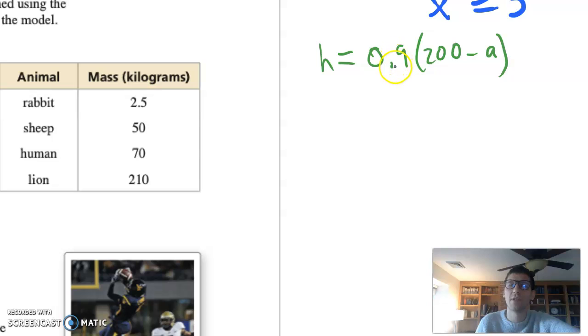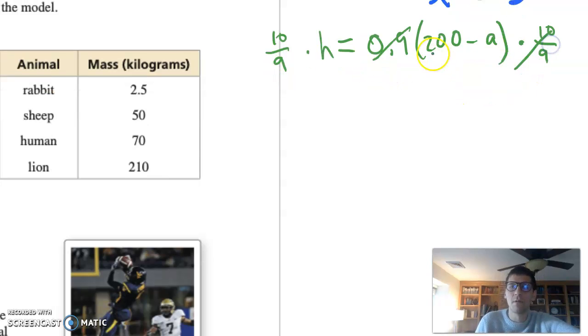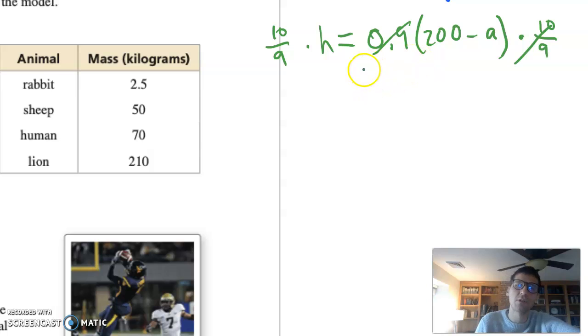So first I'll have to either divide by 0.9, or you could also think of 0.9 as 9/10 and multiply by the reciprocal, times 10 over 9 if you like, because that's what 0.9 is, a fraction.